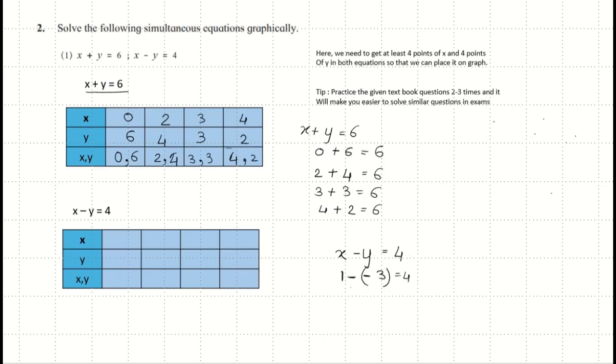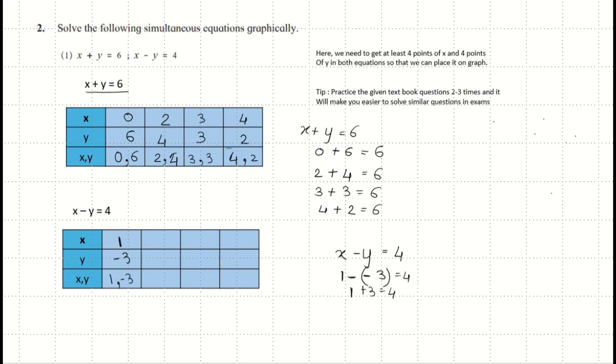That is 1, and minus into minus is plus, 3 is equal to 4. Therefore, the numbers that we can take are 1 comma minus 3, where x is 1, y is minus 3.